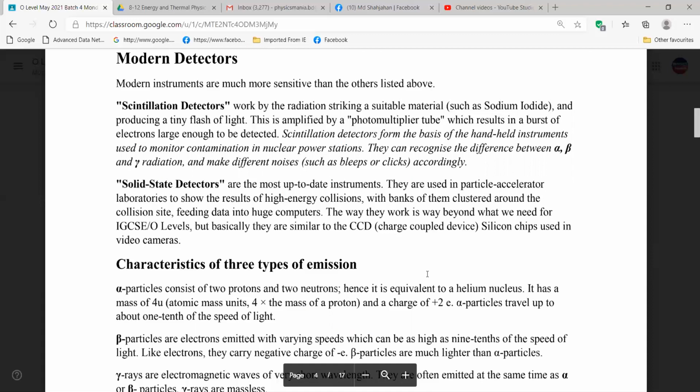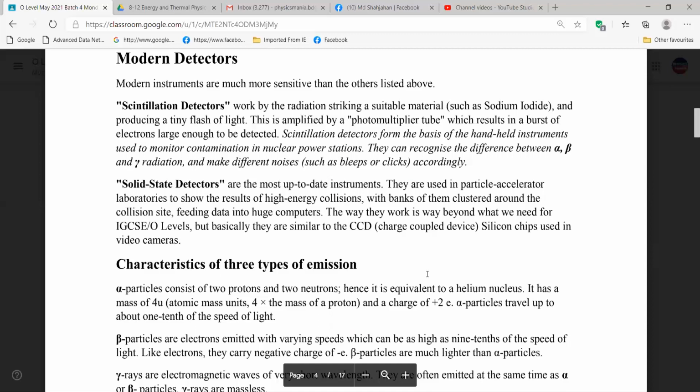This is amplified by a photomultiplier tube. What is that, sir? This is a device which amplifies the flash of light you are getting, right?